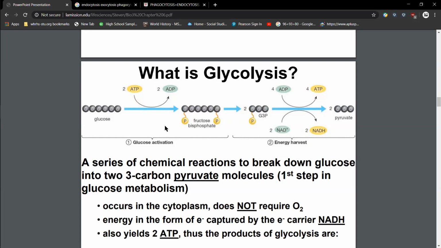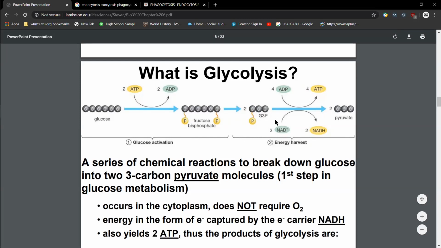Glycolysis starts with a single glucose molecule and creates 2 ATP, which, remember, is the energy currency. After glycolysis, we already have 2 ATP molecules, and it also makes that energy-carrying molecule called NADH. If you look at this step, you can see that two NAD plus are being converted to NADH.